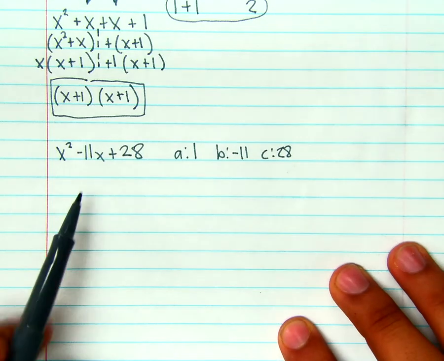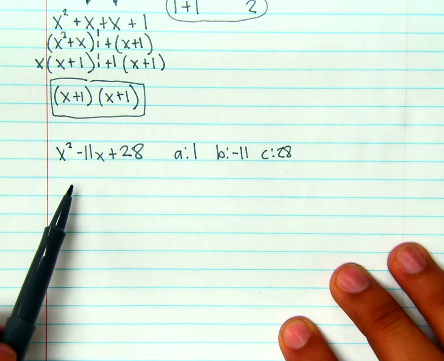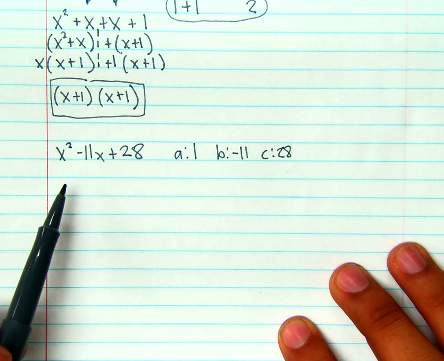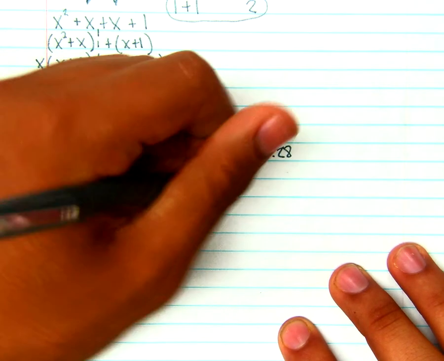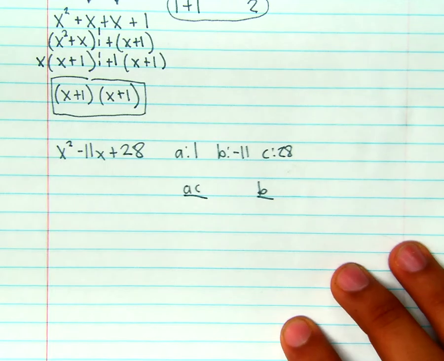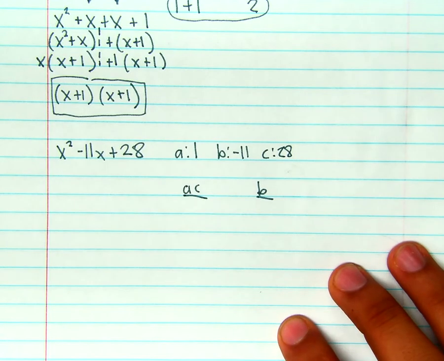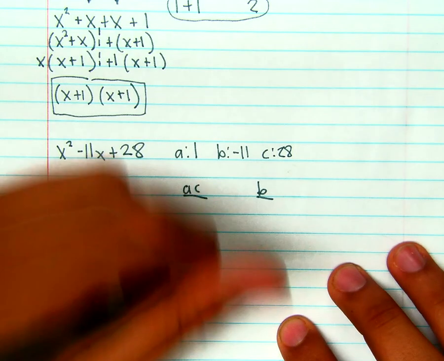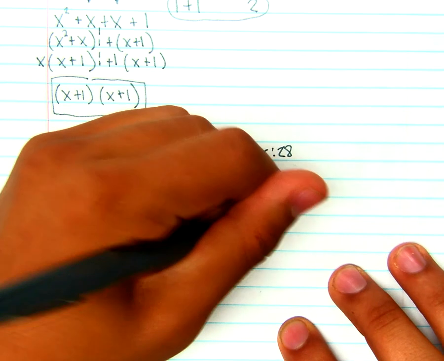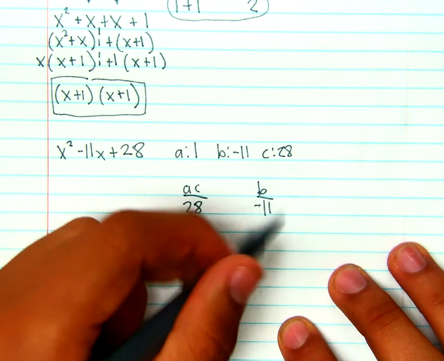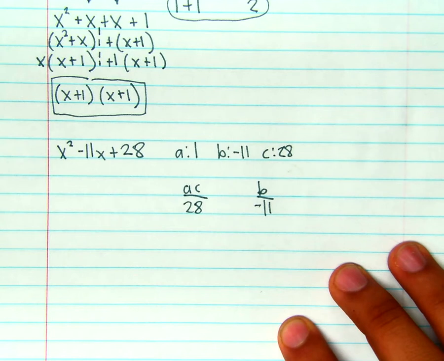So we have a trinomial, so we're going to want to use the AC method. We're going to have our little scratch work or side work. Have A, C, and B. What is AC going to be? 28. Our B is still negative 11, and we're not going to change the negative 11. We're just going to leave that the same.